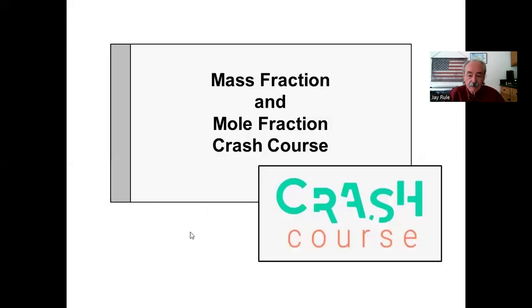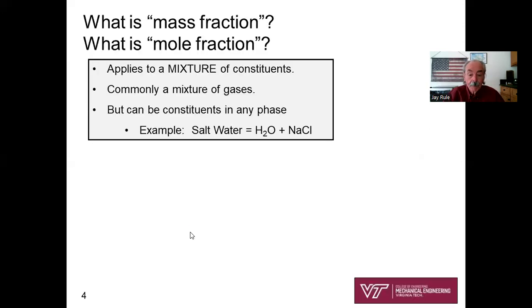So first, let's have a crash course, and I'll go through this as quickly as I can, but it's a reminder of your textbook and class material related to mixtures. So what's a mass fraction and mole fraction? Well, these apply to a mixture of constituents. And for chapter 12, these are going to be mixtures of ideal gases.